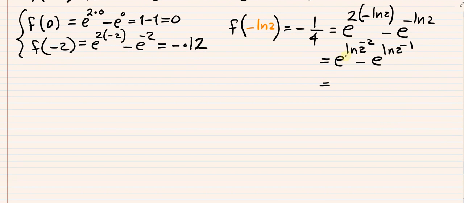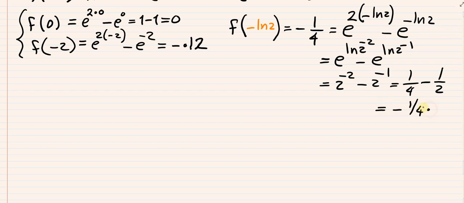Now e to the ln of 2 to negative 2 is just 2 to negative 2, minus e to the ln of 2 to negative 1, that's just 2 to negative 1. 2 to negative 2 is 1/4, minus 1/2, and that's negative 1/4. So that's how I got the exact value.